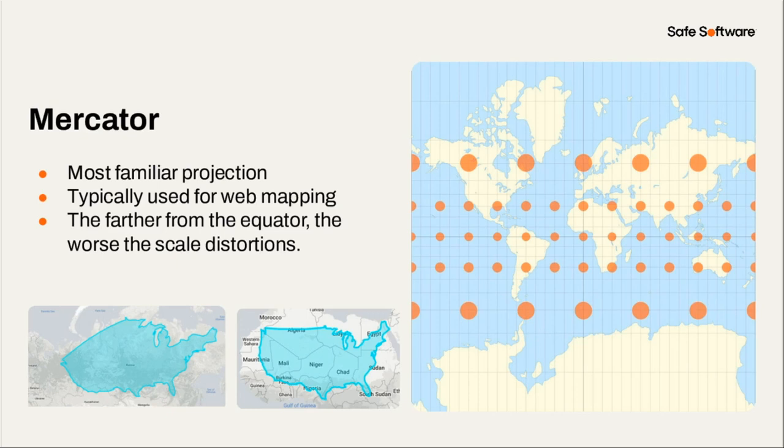The typical example of this is that in this image on the right, you've got Greenland at the top there, right above Canada, and it's essentially the same size as Africa in this image, but we all know that's not quite true when it comes to looking at the Earth on a globe. And this is one of the most common projections used for web mapping. That's typically due to the fact that direction is preserved. For example, Google Maps has been one of the main proponents of the Web Mercator projection.